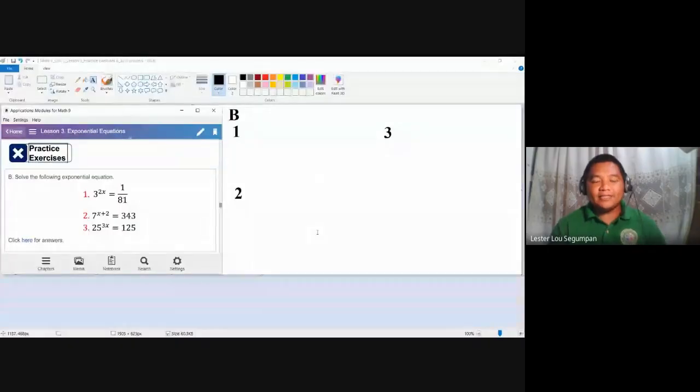Similar to practice exercise A, our goal here is to solve for the value of the variable, in this case x, which will make the equation true.